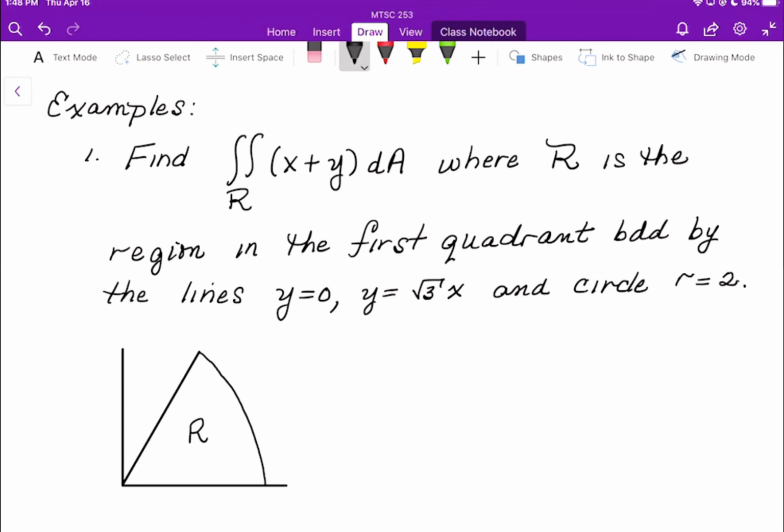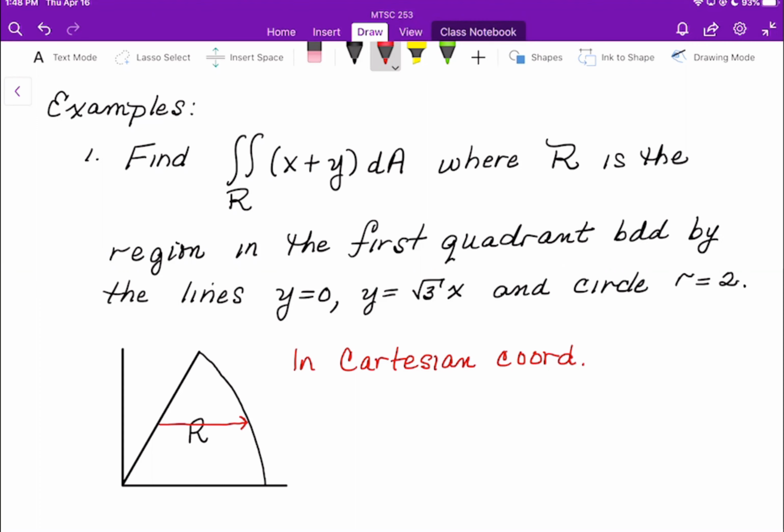Now we can clearly see that if we were to look at this problem in Cartesian coordinates, what will we have? In Cartesian coordinates, I would have this. I can see that this is clearly horizontally simple.